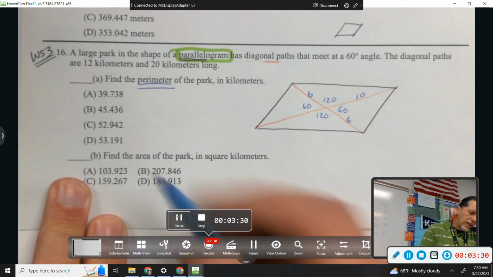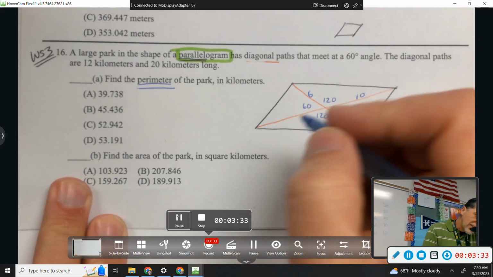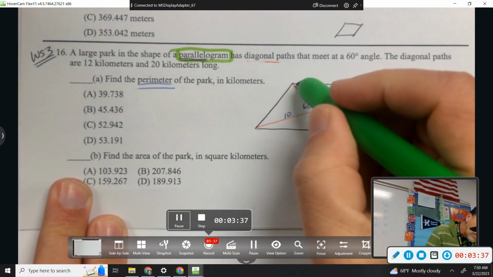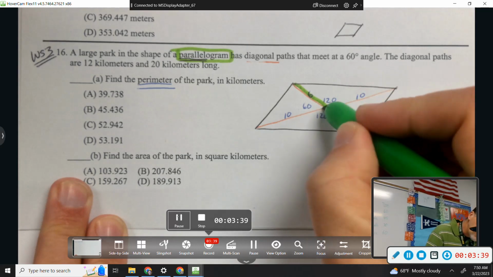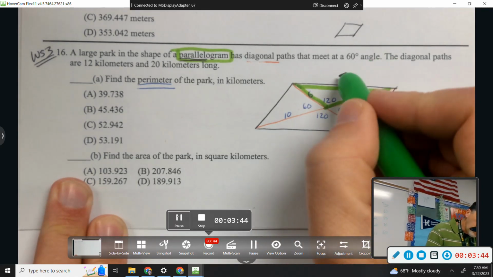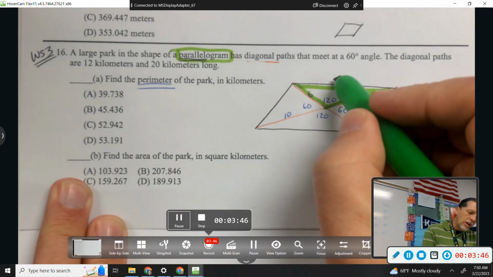So perimeter, I need all the outsides. This is another one of those two triangle problems. Let's see. I guess we can call it, well, that's not really length and width.